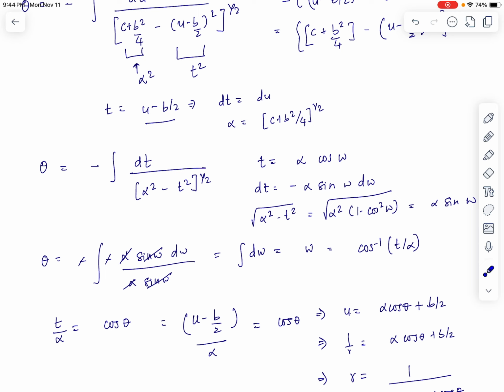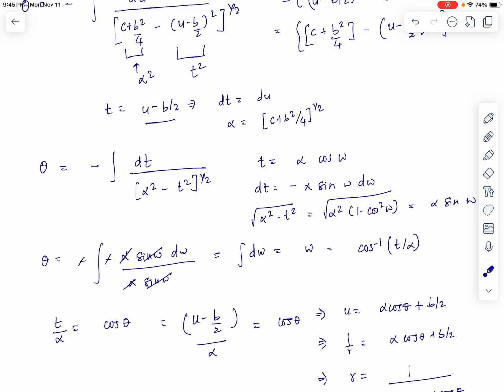We take the derivative, and this is what we get. In the denominator, this is what we get. We plug that in, and we find that theta is just an integral of dw. It's equal to w. We omit the integration constant for now, because it's just going to be a multiple of 2 pi.